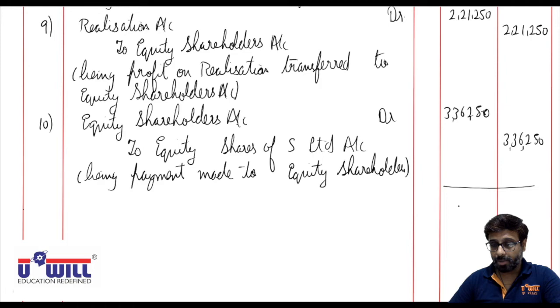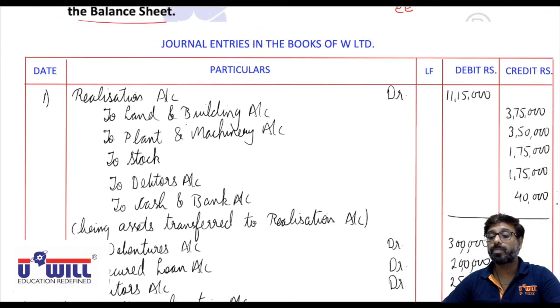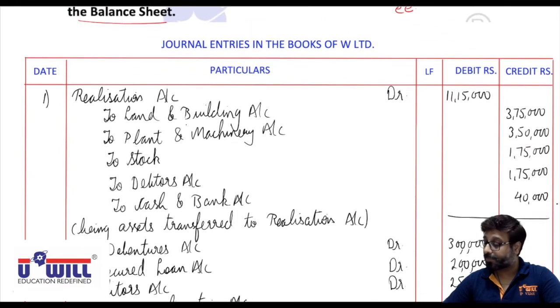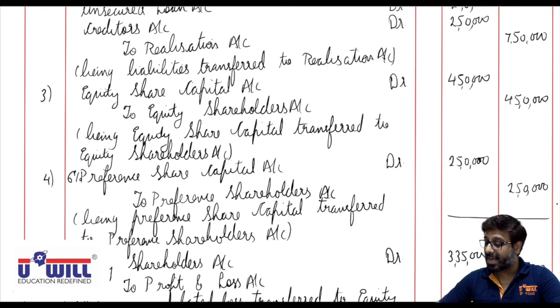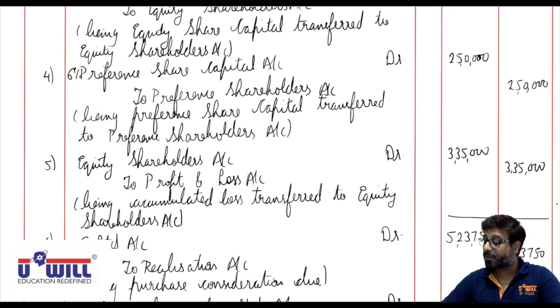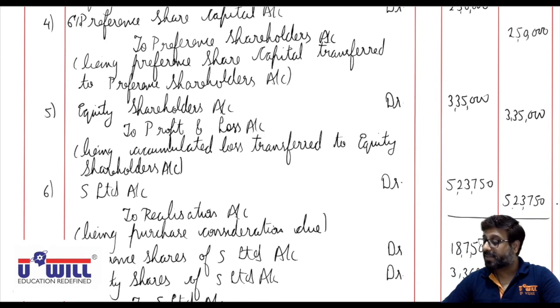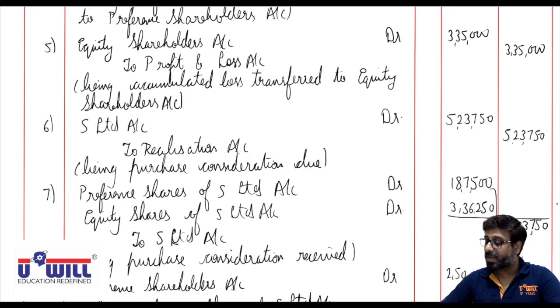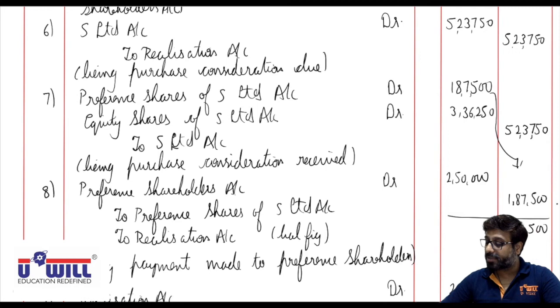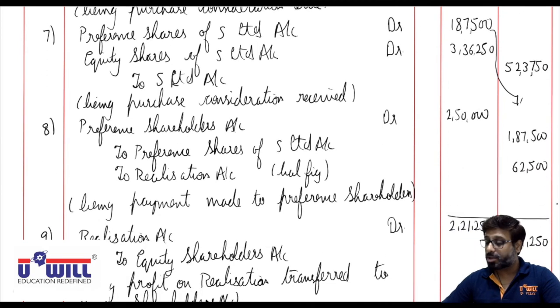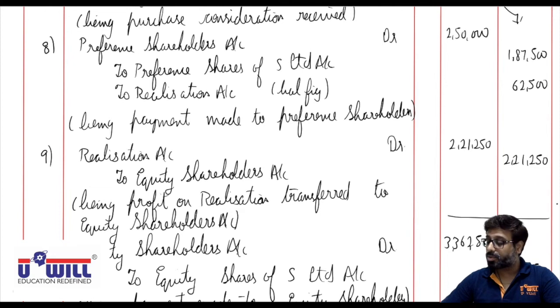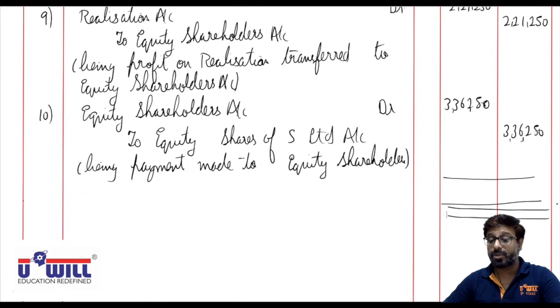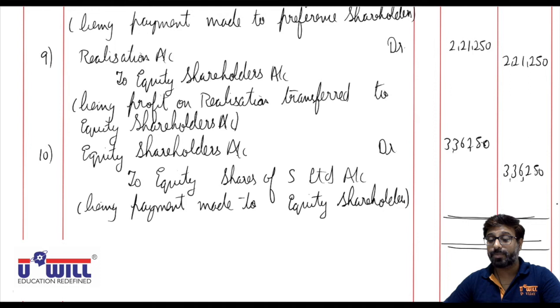Okay, now formality journals total is to be done. So 11,15,000 plus 7,50,000 plus 4,50,000 plus 2,50,000 plus 3,35,000 plus 523,750 plus again 523,750 plus 2,50,000 plus 221,250 plus 336,250.